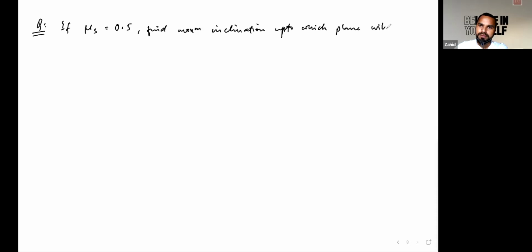If the maximum static friction coefficient of a surface is 0.5, find the maximum inclination up to which the plane can be raised.